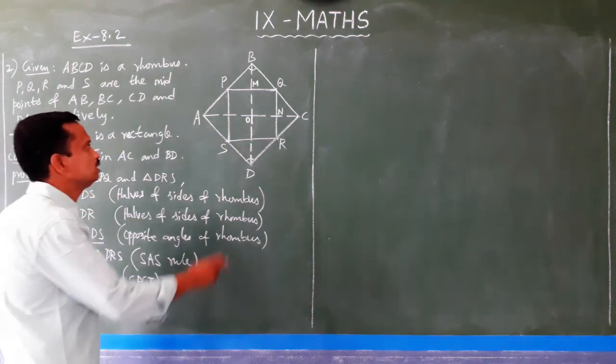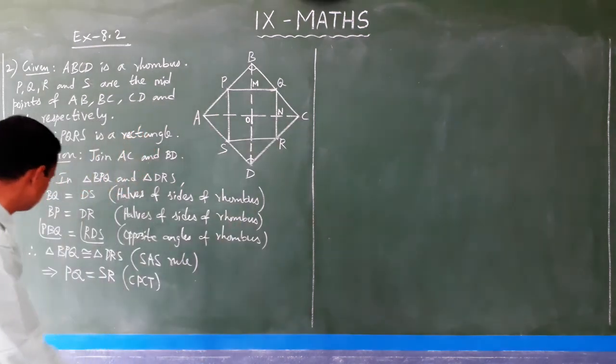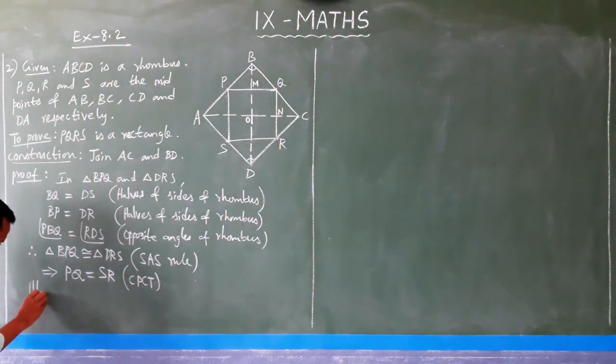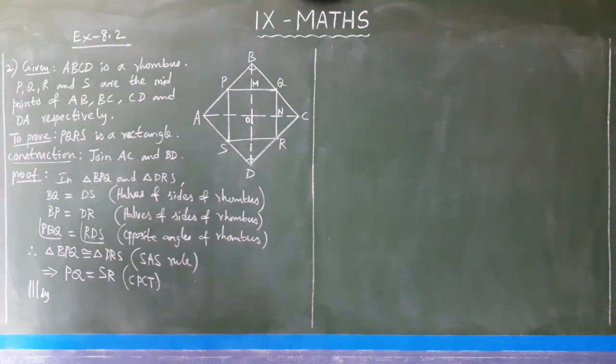Similarly, we can say, by taking these two triangles, similarly. This symbol, the three dots, says similarly.